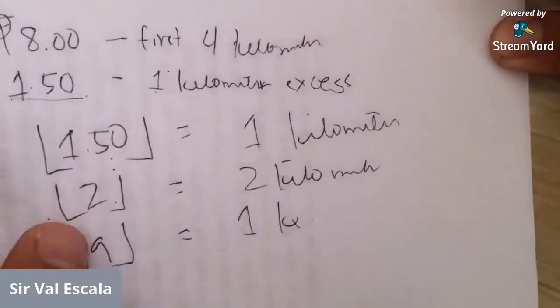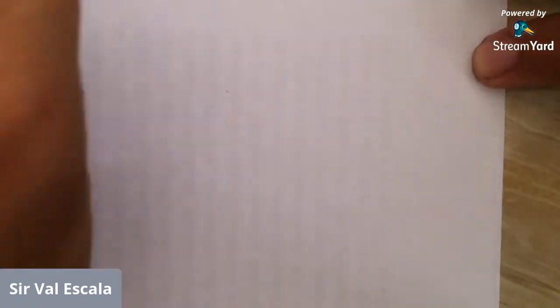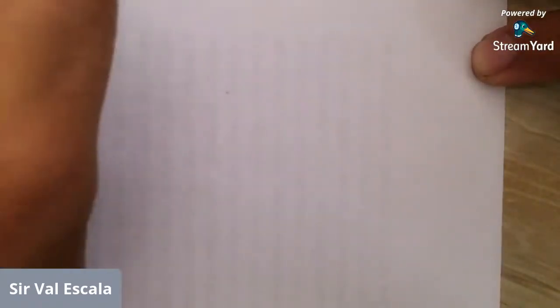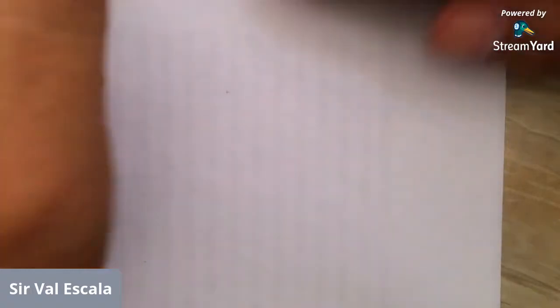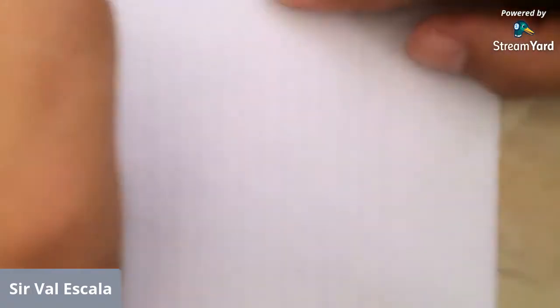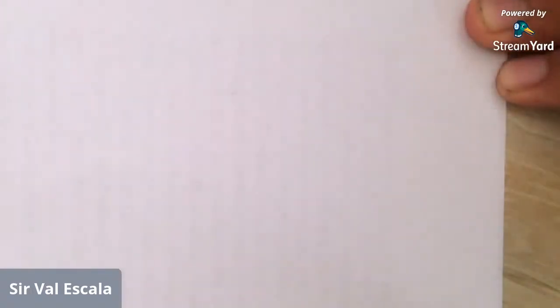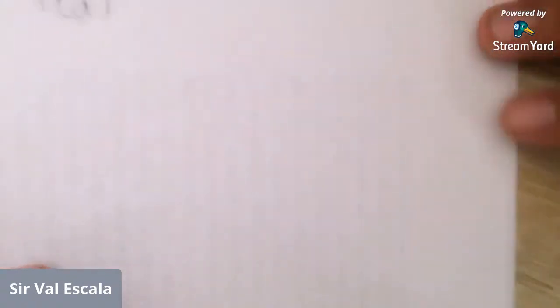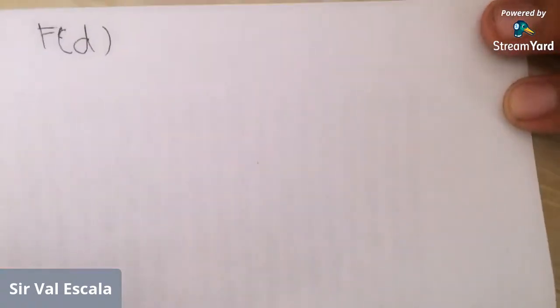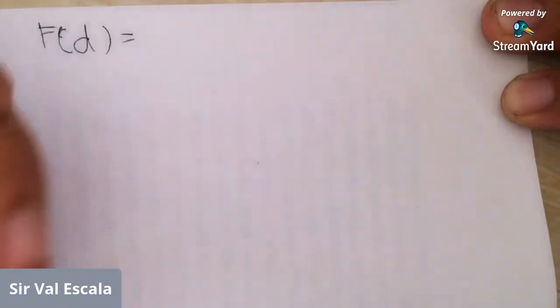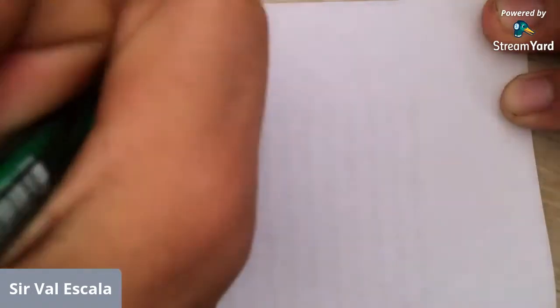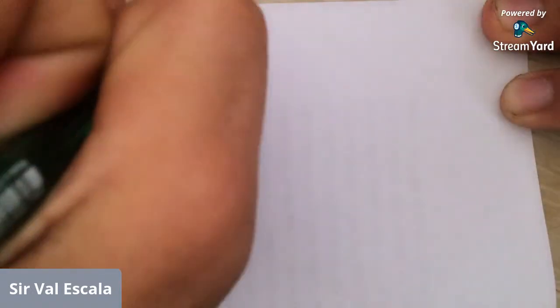Okay. Hindi na kasya. So, ilagay lang natin yung pangalan ng function natin. F of d. So, kita ba? Okay. Yan. So, equals, gamit ulit tayo ng open curly braces.